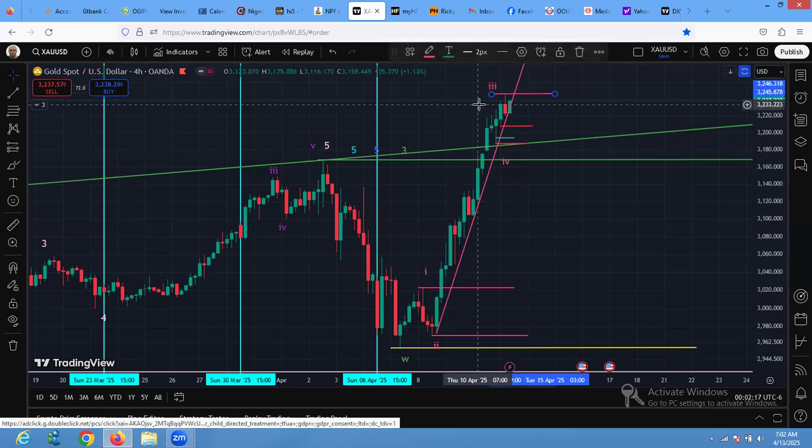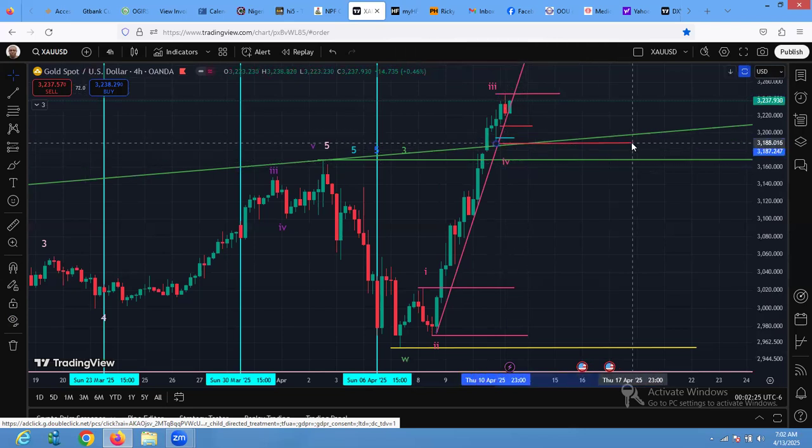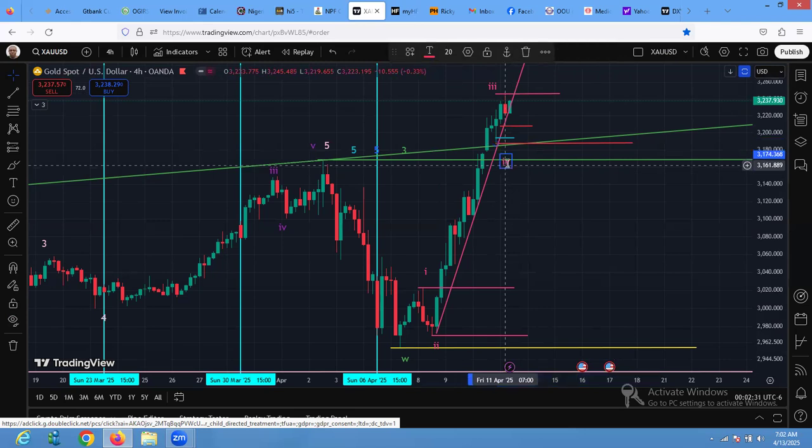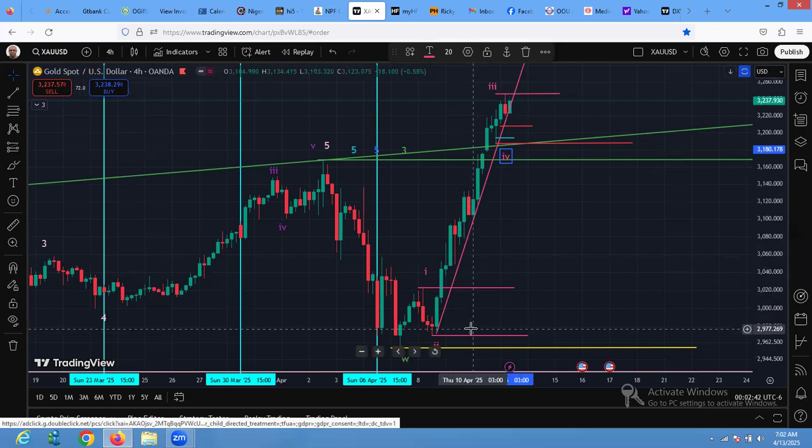So if we do that without breaking this area, if we catch a sell, we can sell a wave 4.